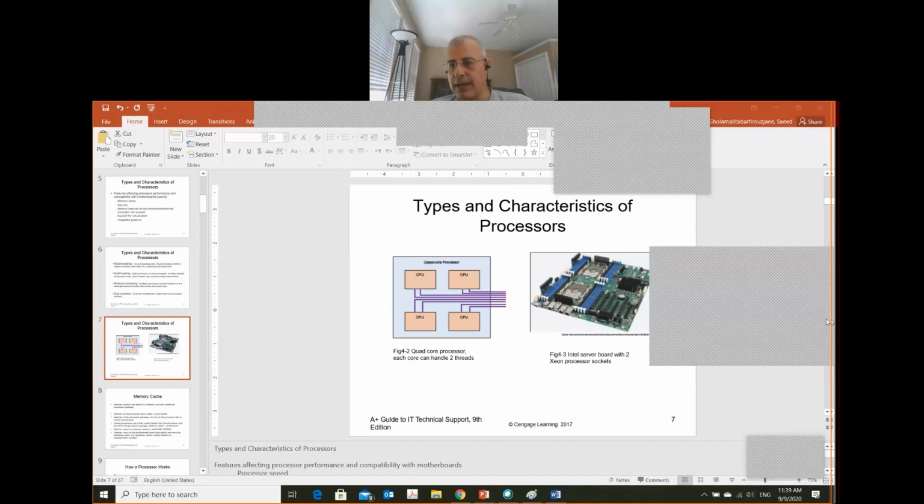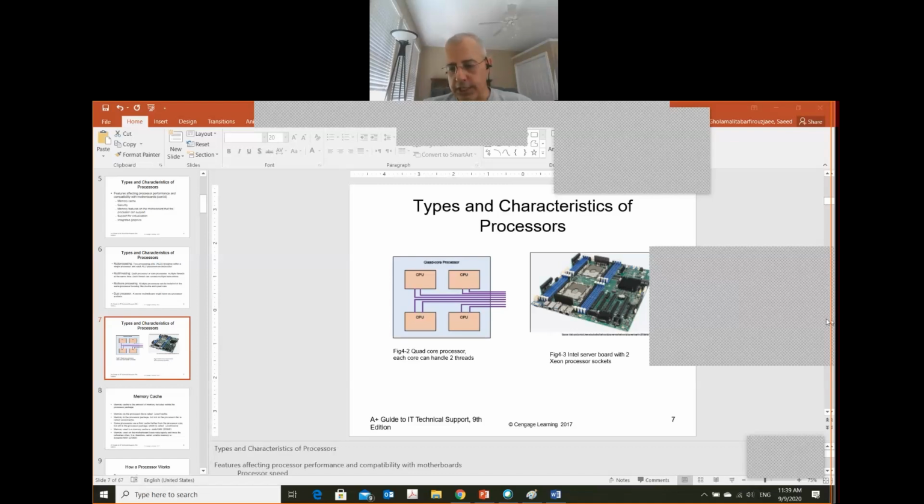Okay, thank you. What's the maximum amount of threads one core can handle? It depends on the architecture. There is no maximum limit, and the processors are evolving every day. You have to look at the user guide of the CPU to see how many threads it can handle.